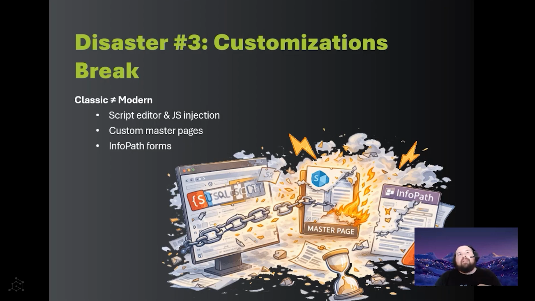These are things that need to be looked at in detail and replicated and recreated when moving into your online space. And this doesn't really apply to file shares on-prem, because you don't have master pages and all those other features.